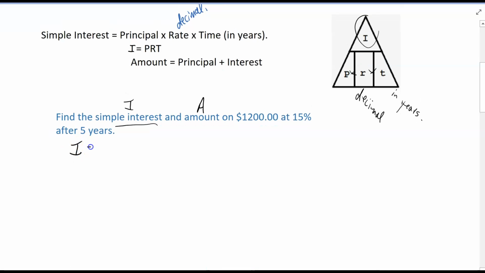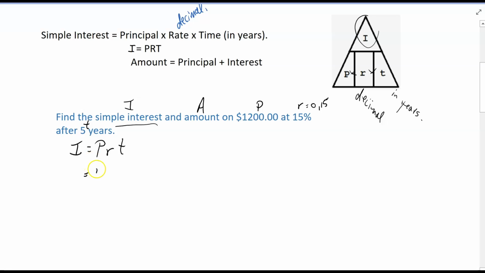I is equal to PRT. The principal amount, which is the amount being invested, is the $1,200. And the rate is 15%. That's 0.15 as a decimal. And the time is 5, and that's in years already.